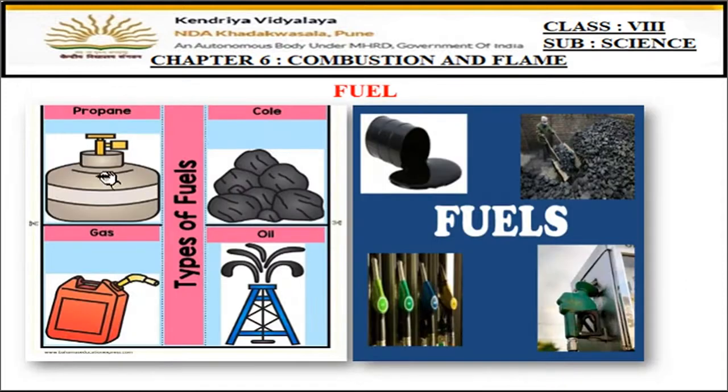Now here also in this picture you can see different types of fuels. Propane is a fuel, then coal, then gases, then natural oil, and then you can see these are the different sources of fuel: coal, petroleum, diesel, they all are different types of fuels.